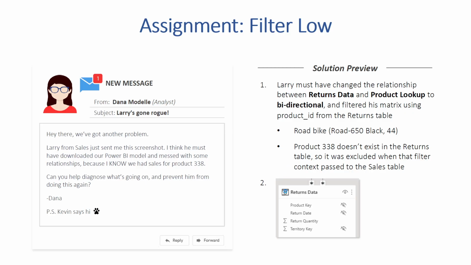So what we need to do is hide all the keys from the return table that were causing the problem, so this problem does not come up again in the future. So let's jump into Power BI and do the solution.